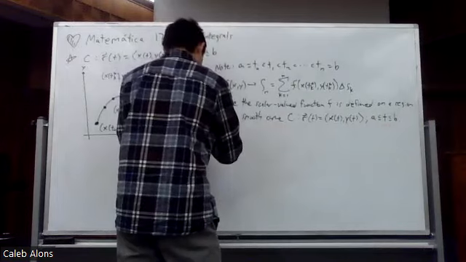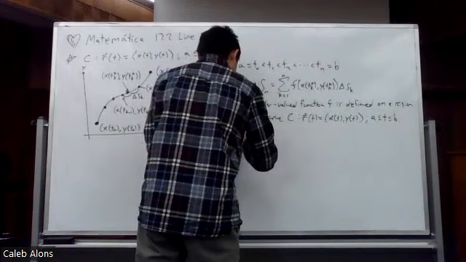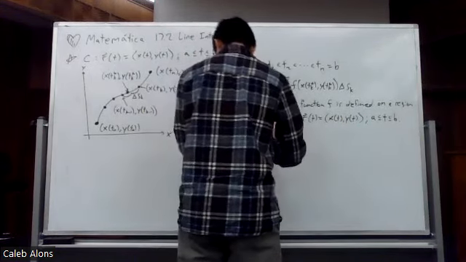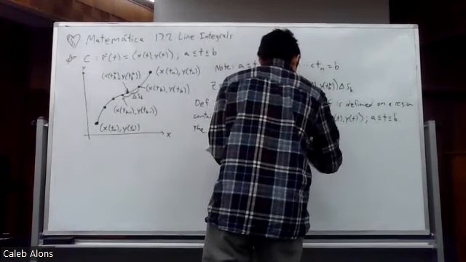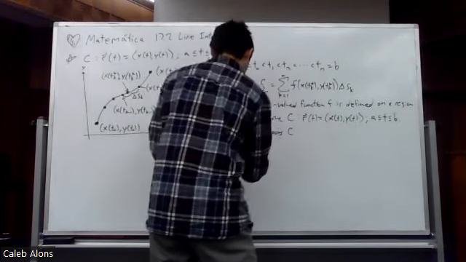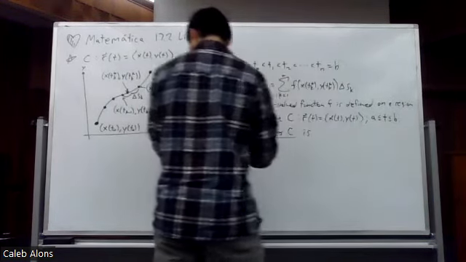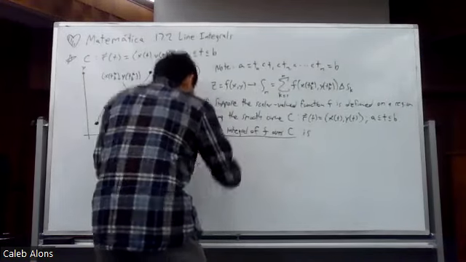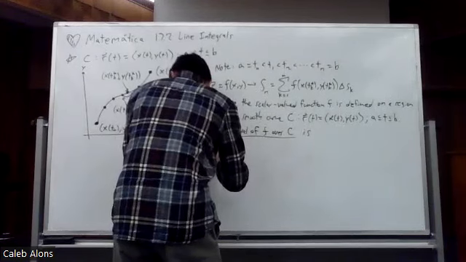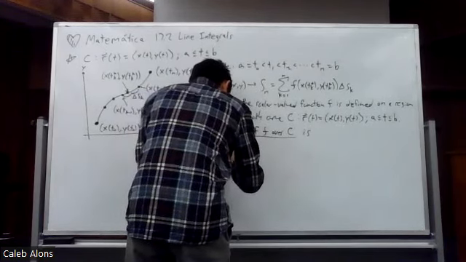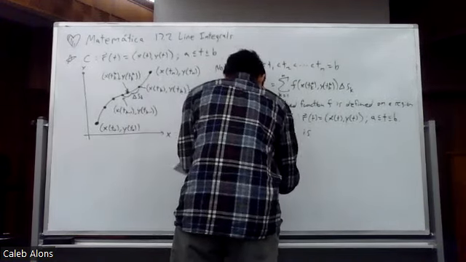So then the line integral of f over C, the function, the surface, over the curve path, is the integral over C of f of x of t and y of t, being parameterized with t as well, ds because it's arc length.